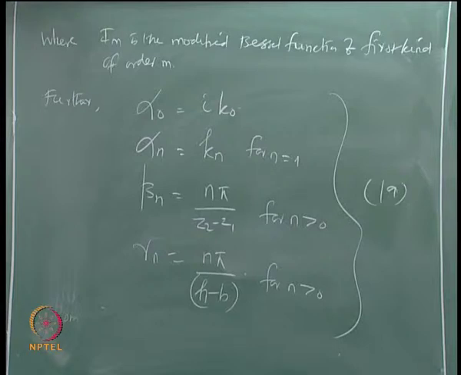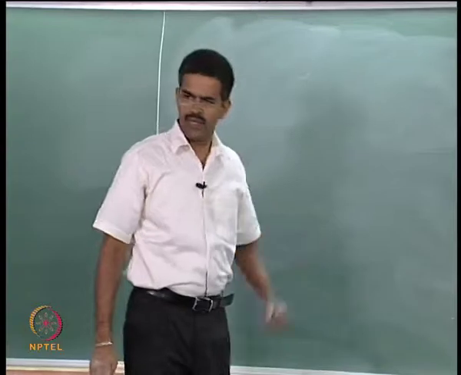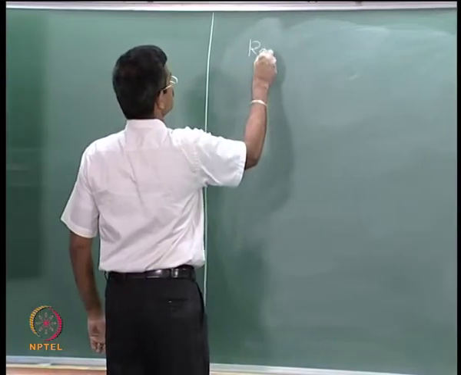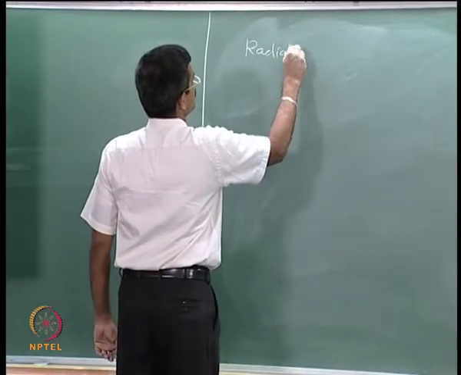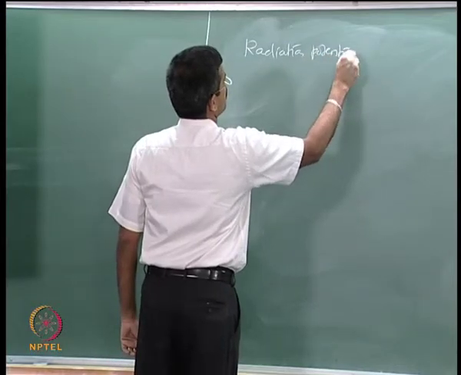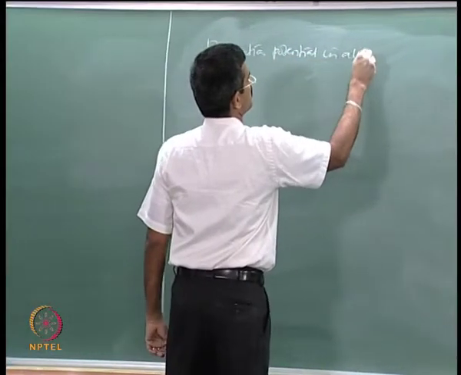Now we have seen the diffraction potential on different regions 1, 2 and 3. Now we will talk about radiation potential in all the 3 regions.